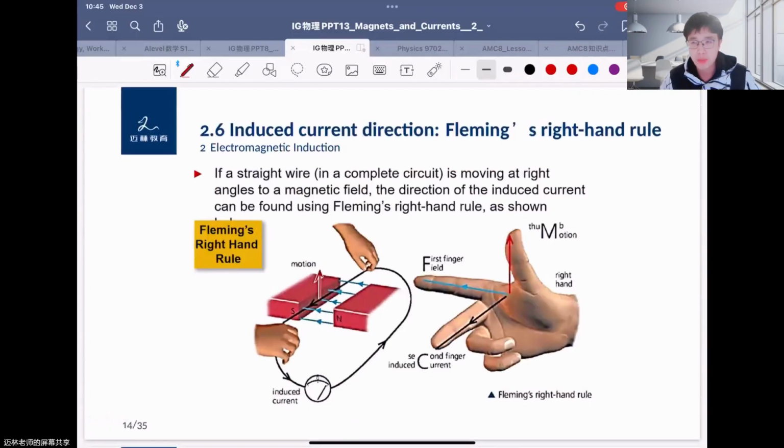Maybe you are confused about Fleming's right-hand rule, because you're used to the right-hand rule. For this one, you can also use the left-hand rule to remember it. Please remember the force, magnetic field, and current. Right here, say you have a motion upward, right? That is because the force applied is an action toward it. Magnetic field will have a resistive force backwards, right?